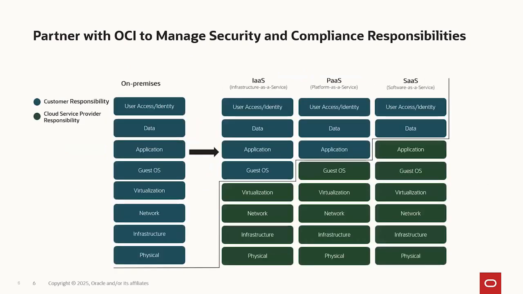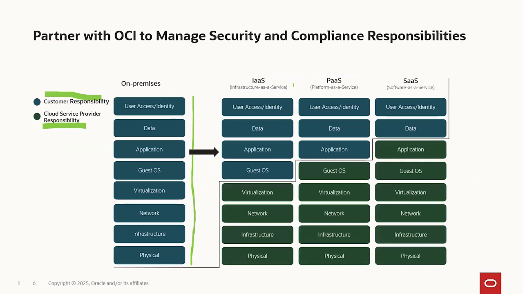So here we have our shared responsibility model. In the legend here, we have blue for the customer responsibility, and then green for the cloud service provider responsibility, in this instance, Oracle. With your on-premises deployments, you can see everything here is in blue, which means it is entirely the customer's responsibility.